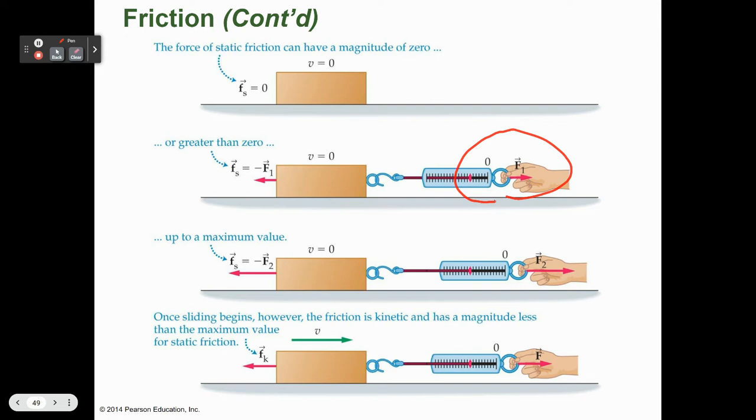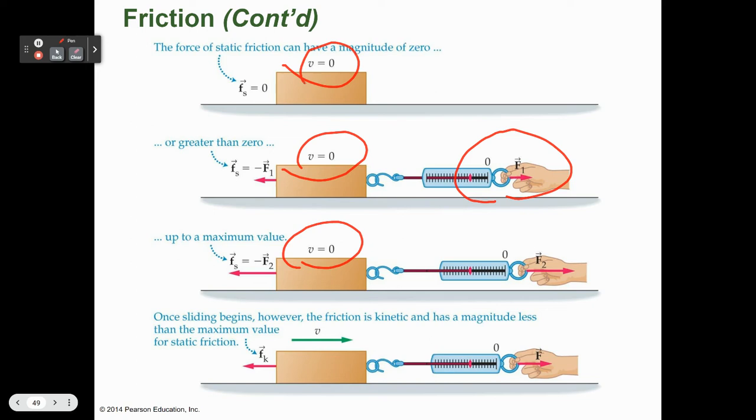So all of these are before the object actually moves. That's why we can say v is 0, v is 0, v is 0. In all three of those situations, the block is not moving. It'll start off as 0, and it can go up to a maximum value equal to the force applied right before it starts moving, opposite in direction to that force.